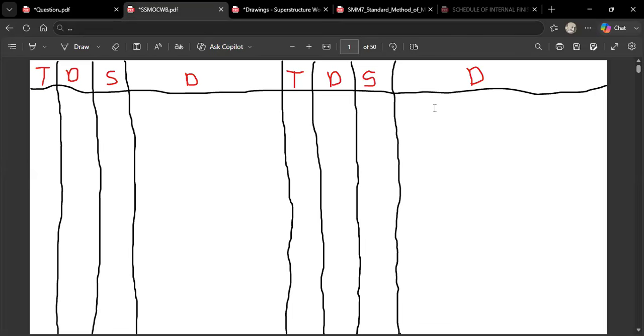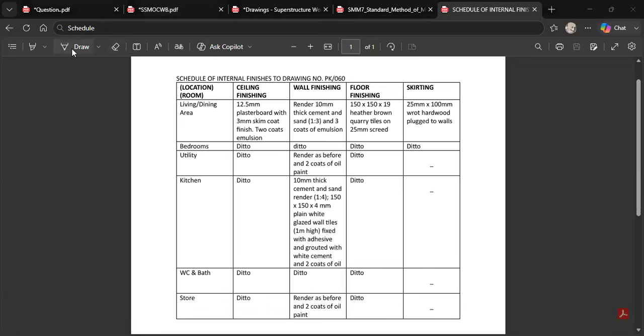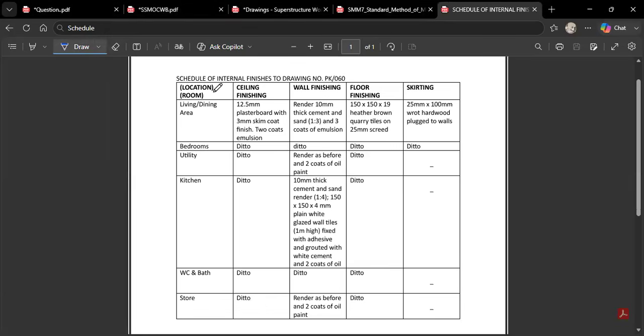And this is the schedule for the drawing. So you can see that in the schedule, you have the location, the ceiling finishes, also the wall finishes, and the floor finishes. They have all been provided. Specifications are put at the kitchen. You come to the kitchen, they are saying about 10 mm cement and sand render. So all the specifications are provided for you.